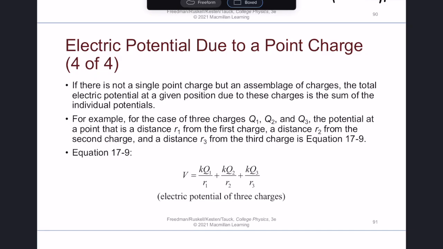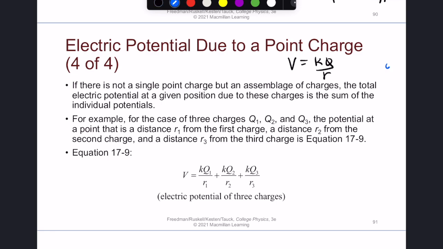Okay, so where we left off in the last lecture about electric potential is we defined that the electric potential at any point in space due to a point charge is V = kQ/r.